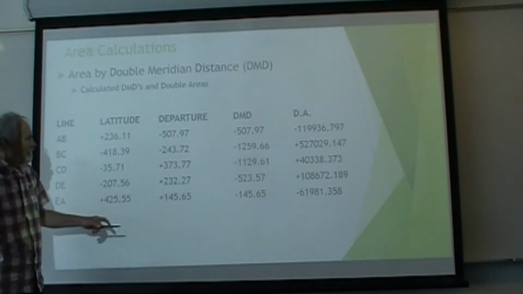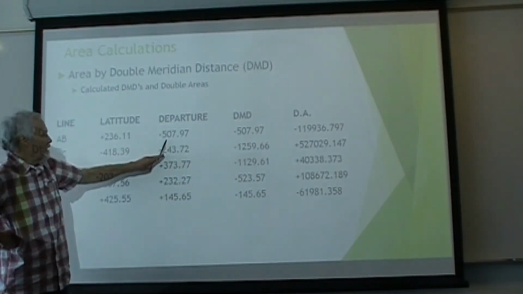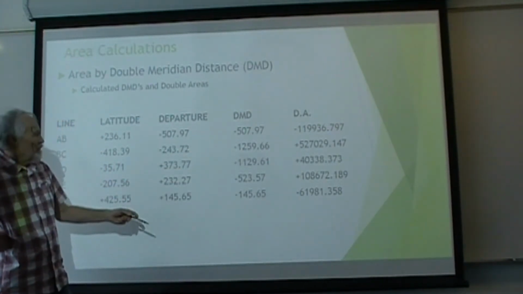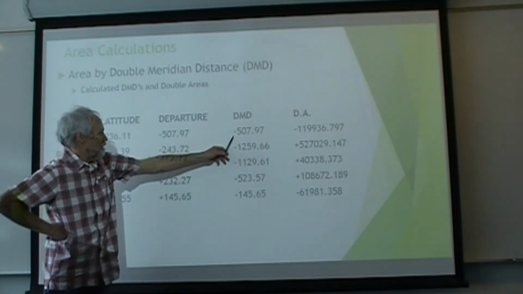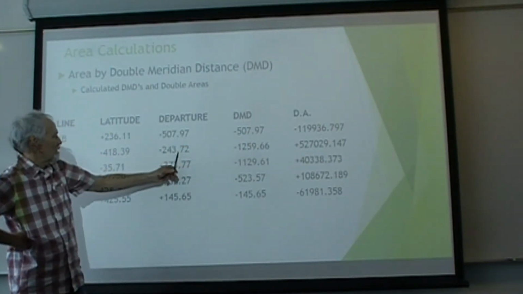So the first DMD is equal to the first departure, so we just take that and write it right here. Then each succeeding DMD is equal to the DMD of the preceding side plus the departure of the preceding side plus the departure of the side itself.